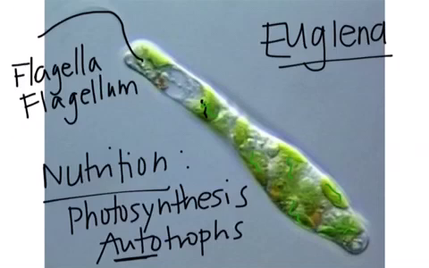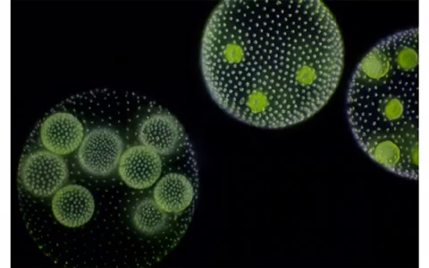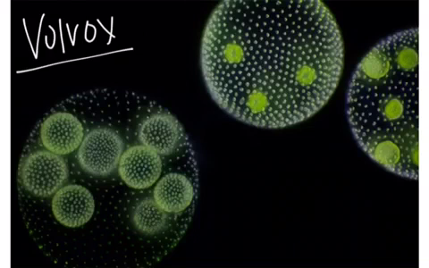Now, lastly, we are going to talk about this interesting character here, Mr. Volvox. Okay, finally, this guy, the Volvox. The Volvox is very unusual in that each one of these three spheres is actually not an individual Volvox, rather they are colonies of Volvox.